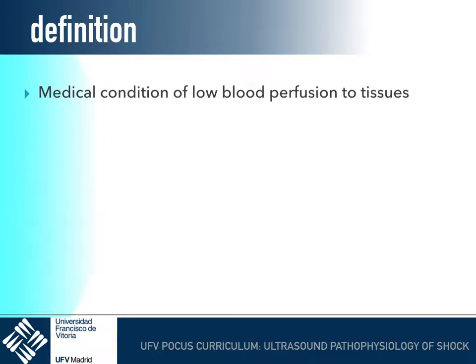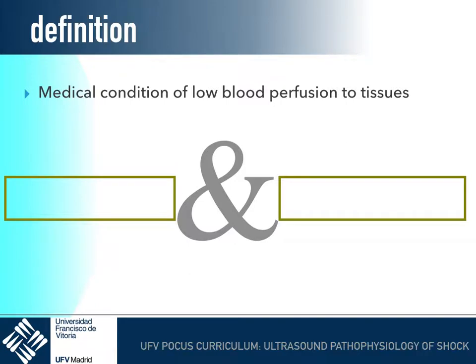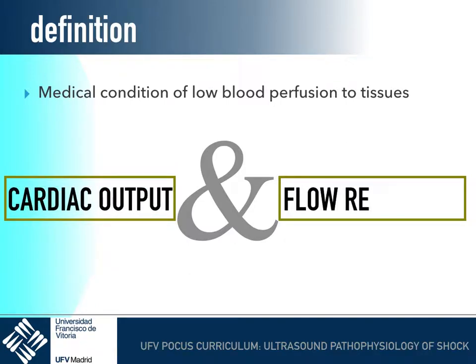So the shock begins with a definition, and almost all the universal definitions of shock include the concept of low blood perfusion in tissues. For obtaining an adequate blood perfusion to tissues, there are two main factors implied. One is the cardiac output, and the second is the flow resistance.